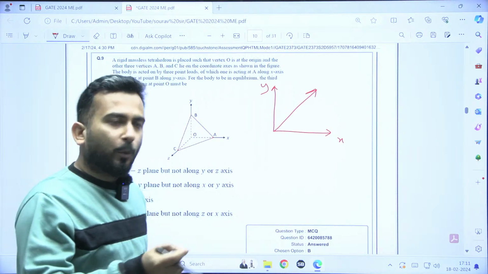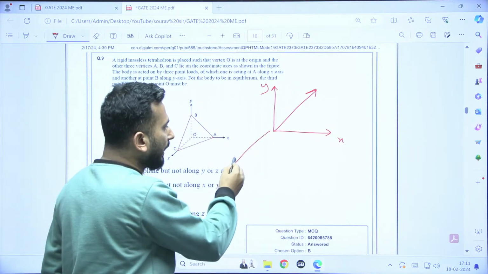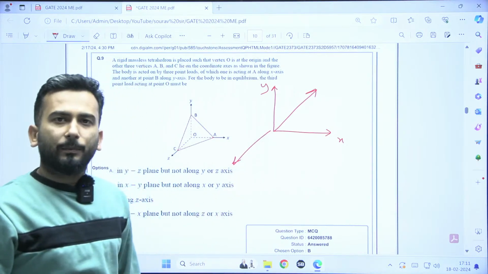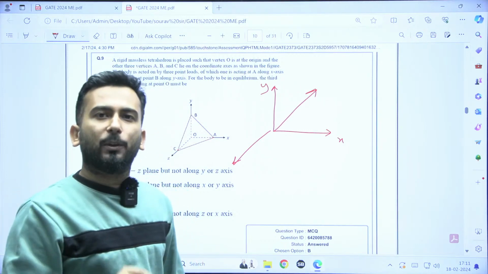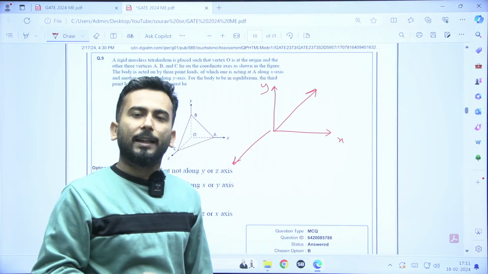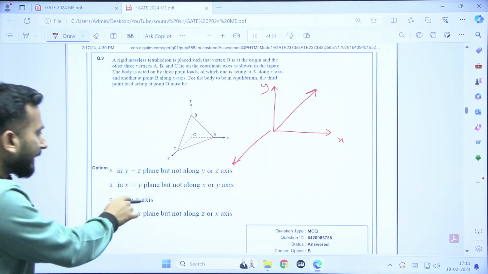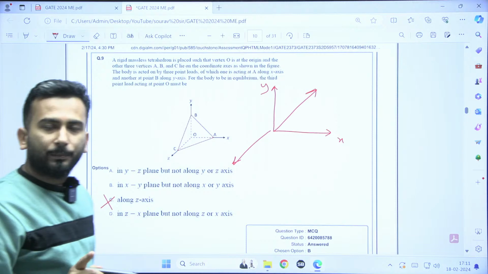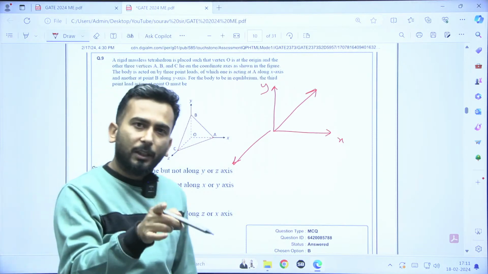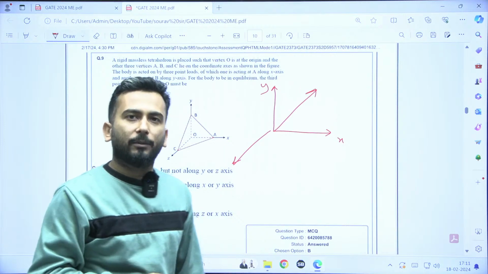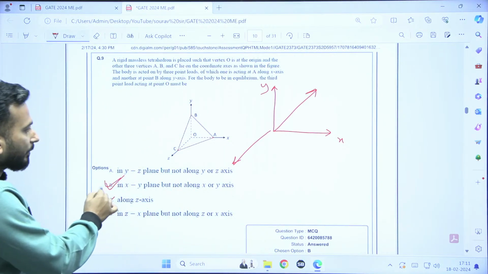So the third point load should be in the XY plane opposite to that, but not along X and Y axis. It should be in the XY plane only. That means along Z axis is not the correct answer, right? So the correct answer is B, that is in the XY plane only the third force should be kept, but not along X and Y axis. So B is the correct answer.